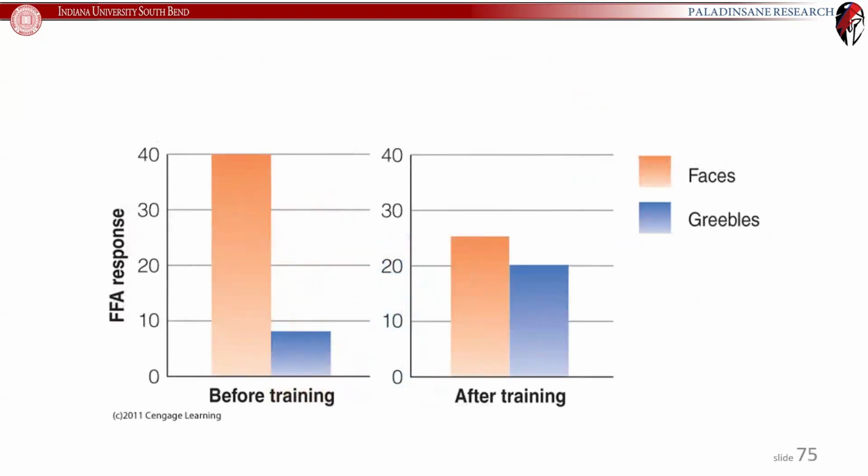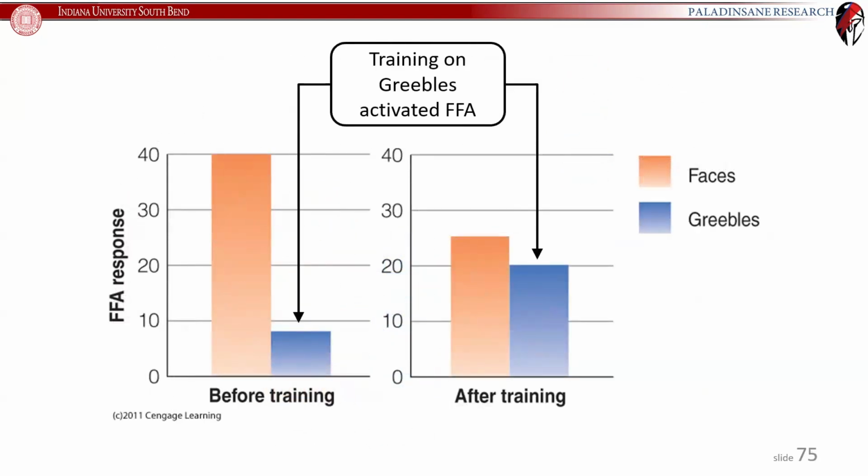If you do a little side-by-side comparison, you can see that training on those greebles increased the activation in that fusiform face area to the stimuli that is the greebles. So once you become an expert in greebles, now all of a sudden you can see your fusiform face area is processed.